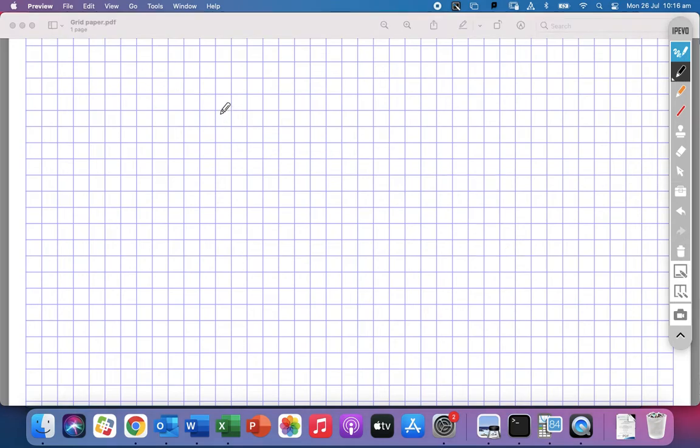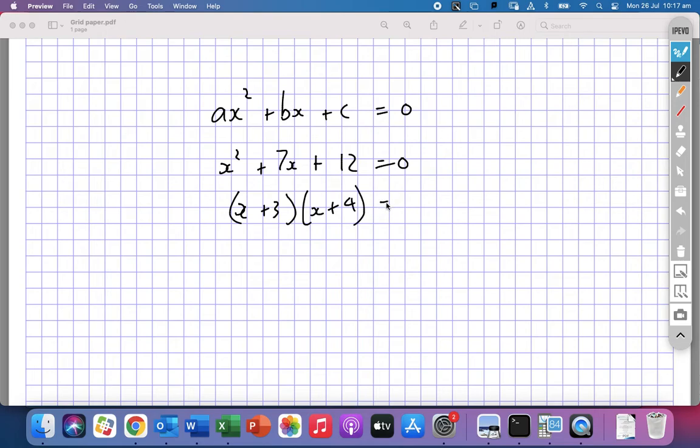You get so used to seeing something like this, right? So maybe you've got your, I don't know, here's an example, and you factorize it like so, and then you solve it. You say, well, x has to be minus 3 or minus 4.